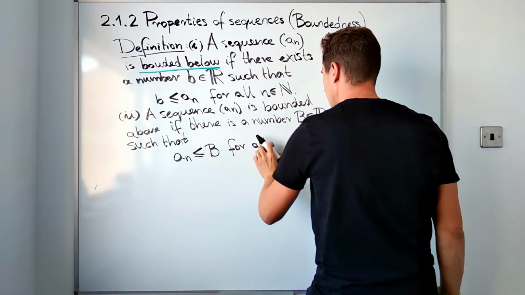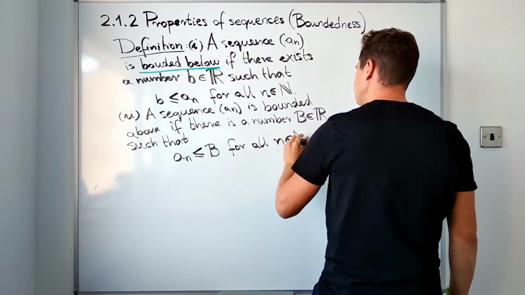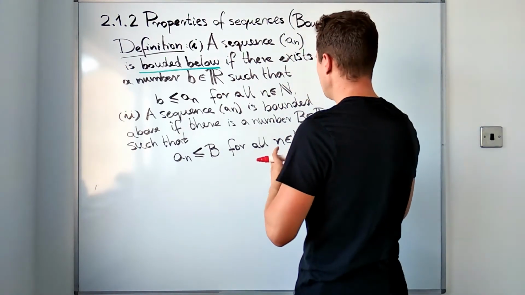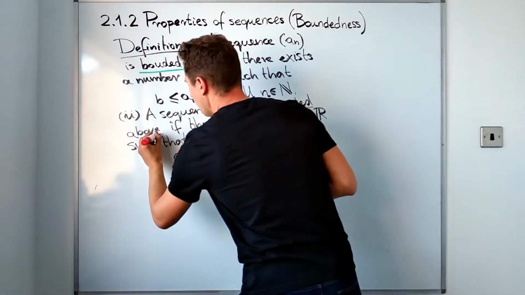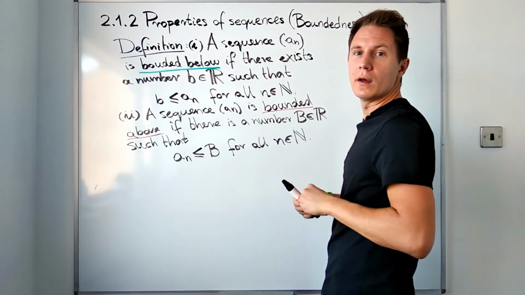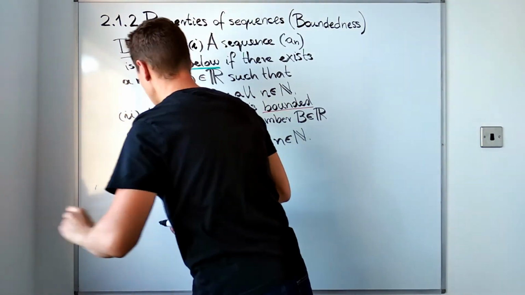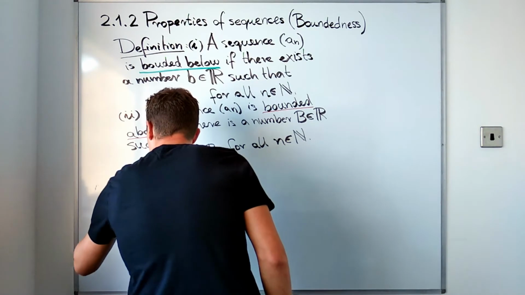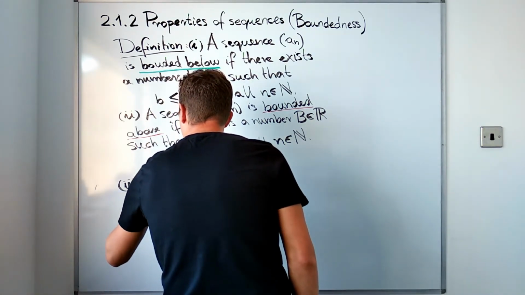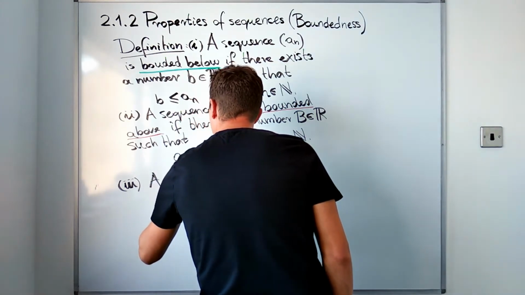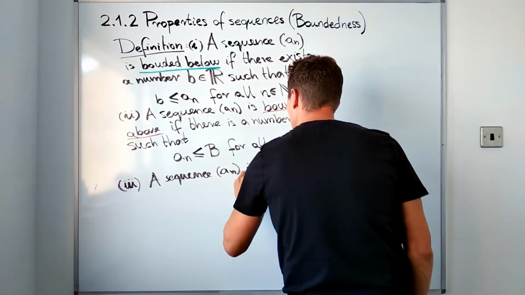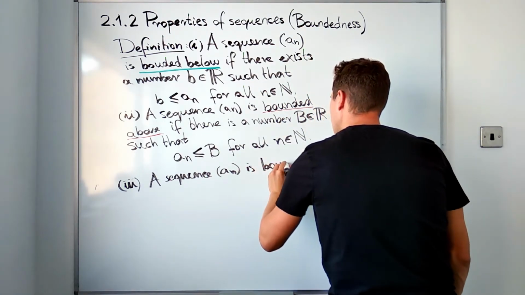For all indices n. In this case, we say that the sequence is bounded above by this number capital B, which we might call an upper bound for our sequence. And finally, the last part of our definition is when a sequence a_n is called bounded.